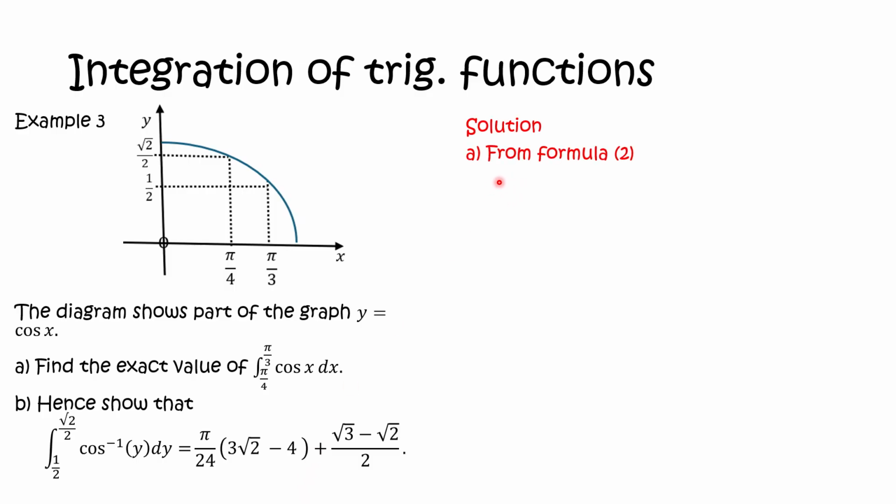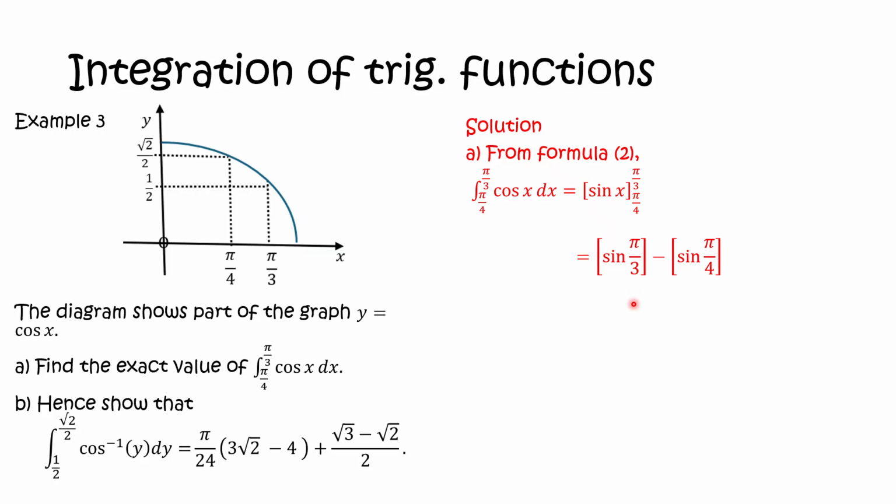So the first thing that we want to do is consider formula 2, where we were dealing with the cos. So that is to say that if we integrate from the lower limit to the upper limit, we are going to get sine x, and then we substitute with the limits.